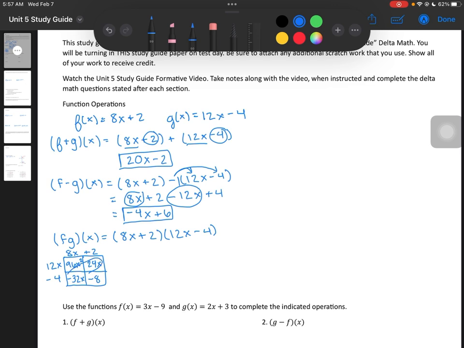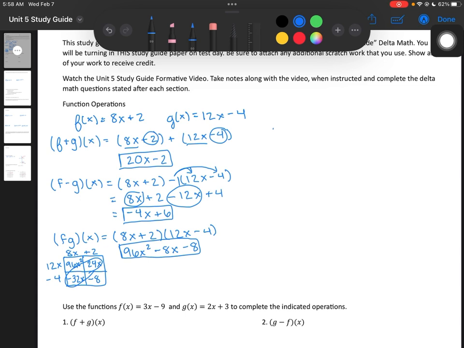So I see I have two x terms here. So I have 96x squared, 24 minus 32 is going to give us a negative 8x, and then minus 8. If you FOILed it, you also would have gotten the same four terms in the squares, and then would still combine like terms.